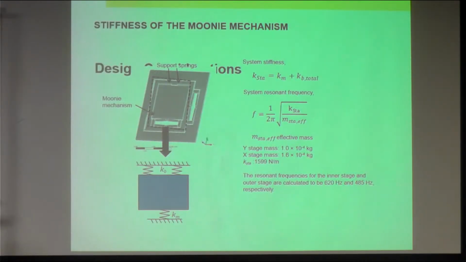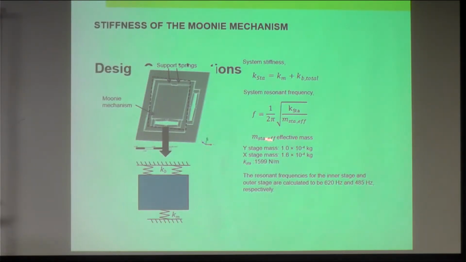So this is the stiffness of the Mooney mechanism. Overall stiffness, because we have the stiffness on the Mooney side as well, not just the support spring. Then the total stiffness is K stable, a stiffness of 1599 Newton per meter. So the resonant frequencies for the inner stage and outer stage are calculated to be 620 Hz and 485 Hz.